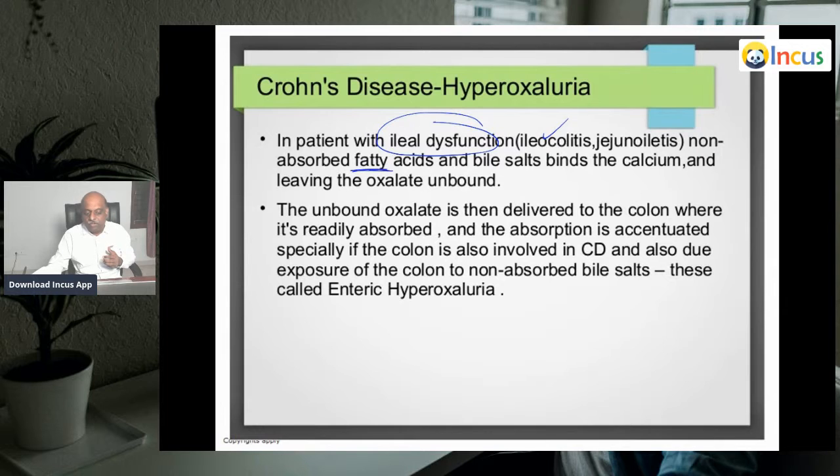So they are not absorbed, and they go and bind with calcium. So calcium is not available for binding with oxalate, and that unbound oxalate is delivered to the colon, where it is absorbed, and that leads to hyperoxaluria.